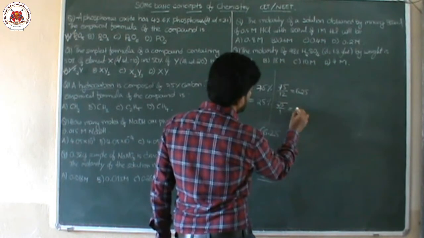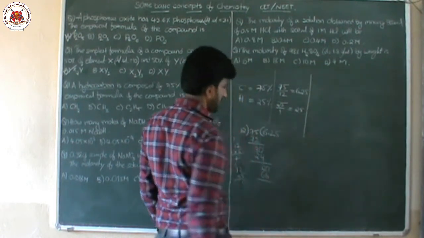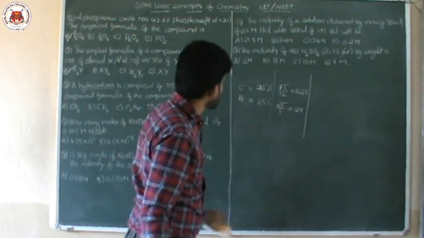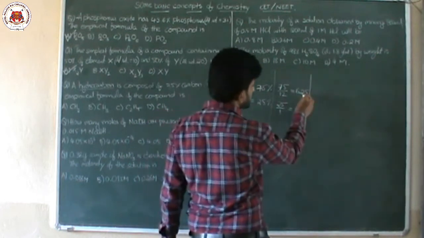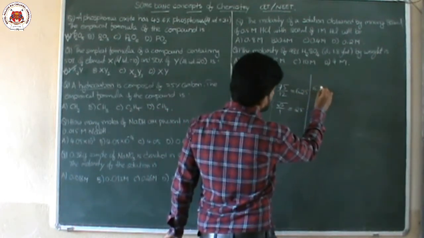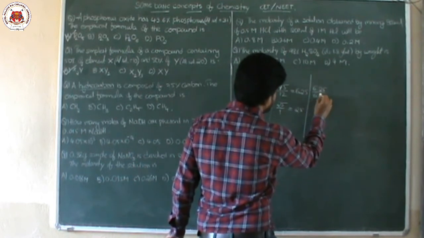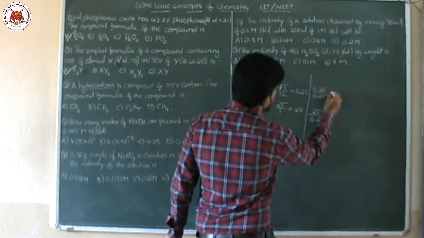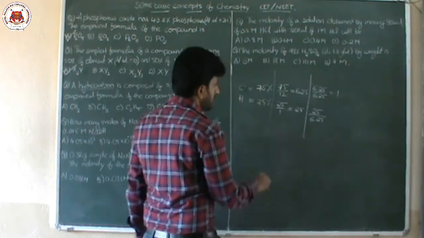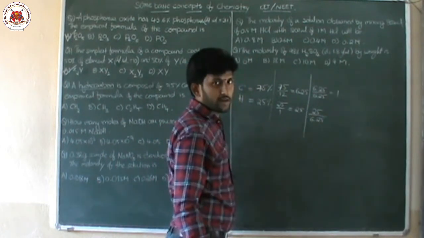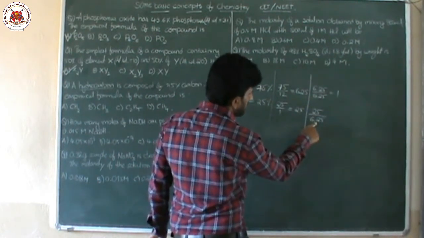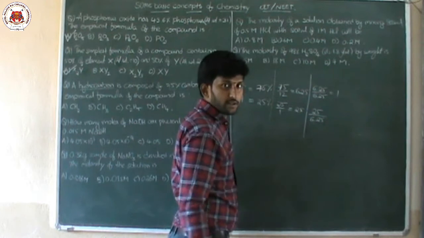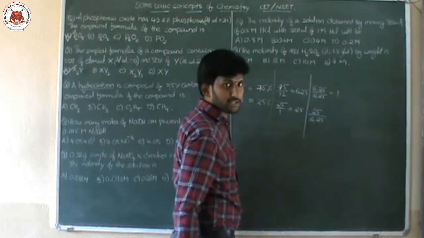And here it is 25 only. Coming to the simple ratio, the least number is 6.25. So 6.25 divided by 6.25 and 25 divided by 6.25. How can you take this? 6.25 can be written as 625 into 10 power minus 2.